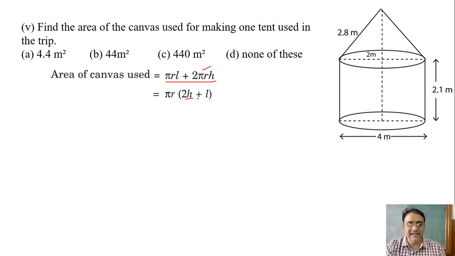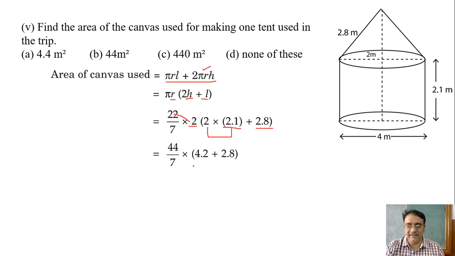And the values of h, l and r are given in the question. The value of r is 2, h is 2.1 and slant height is 2.8. So 2 into 2.1 is 4.2, and this will become 44 by 7 into 4.2 plus 2.8.